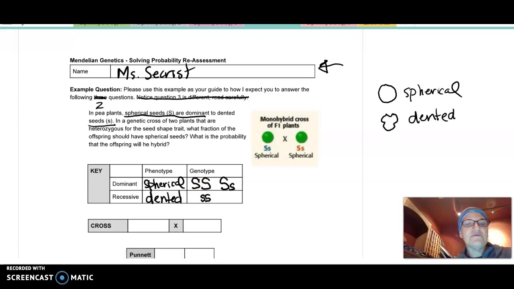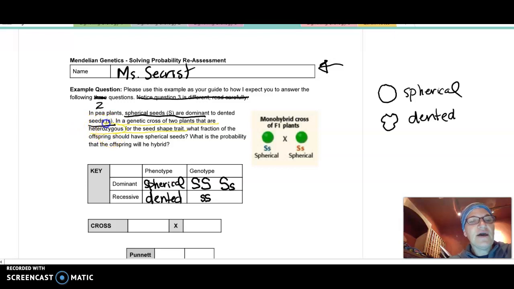As I continue in the question now, it's going to tell me what the parents are that we're crossing to get the offspring. I'll change colors to make it easier. In a genetic cross, the 2 plants are heterozygous for the seed shape trait.